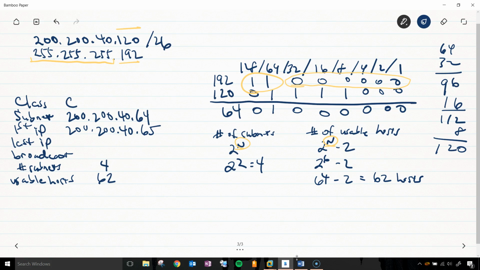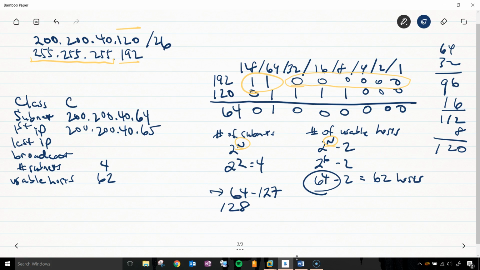The first subnet began at 64. Okay, so we have plus the number of hosts before we removed 1 for the broadcast and 1 for the subnet number. So 64 plus 64 gives us 128. Take 1 away from that, gives you the end of the current subnet, this one right here.